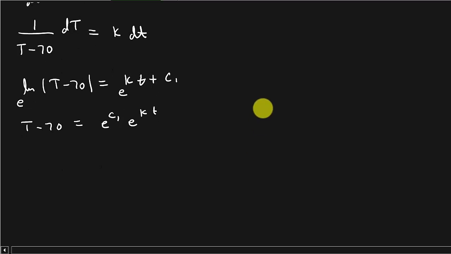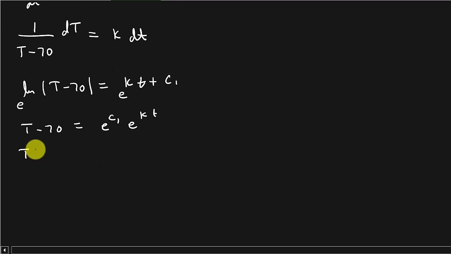And so T of t is equal to 70 plus C2 e to the kt, where C2 is equal to e to the C1.